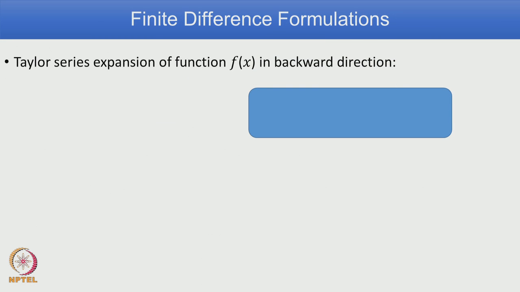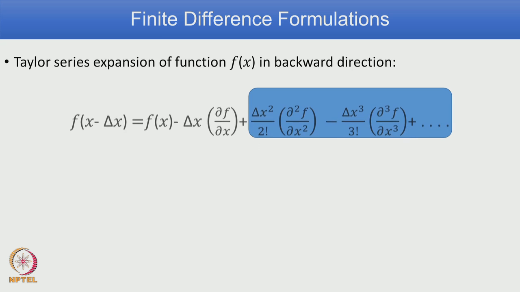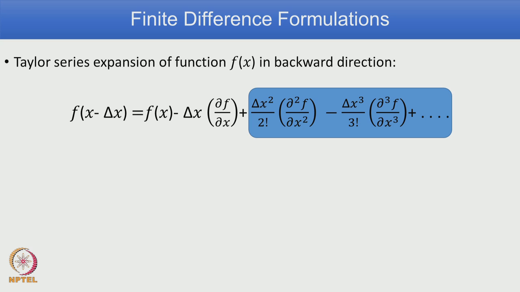As we did for the forward differentiation scheme, we write down the Taylor series expansion for the function f of x in the backward direction as f of x minus delta x equal to f of x minus delta x into dou f by dou x plus all other higher order terms.